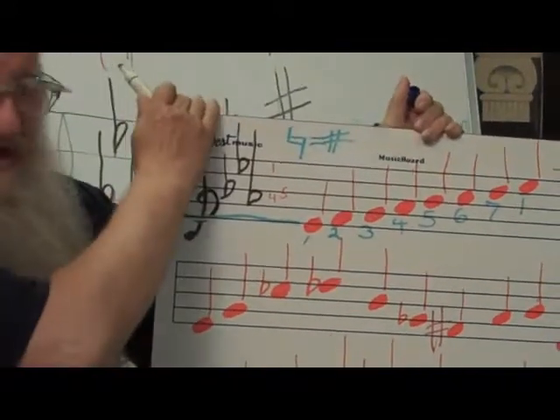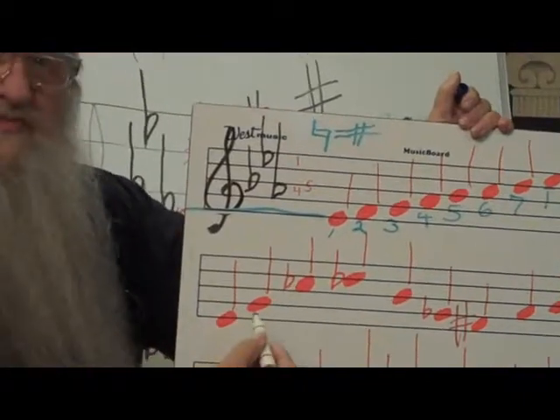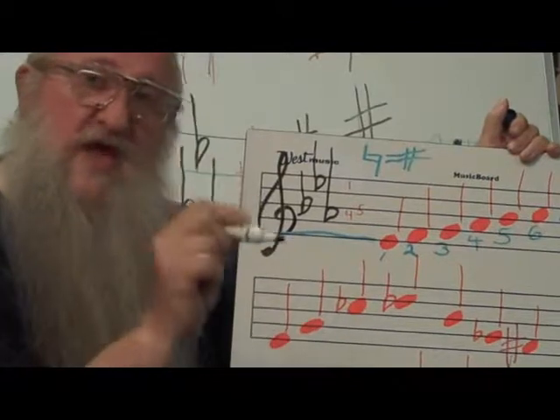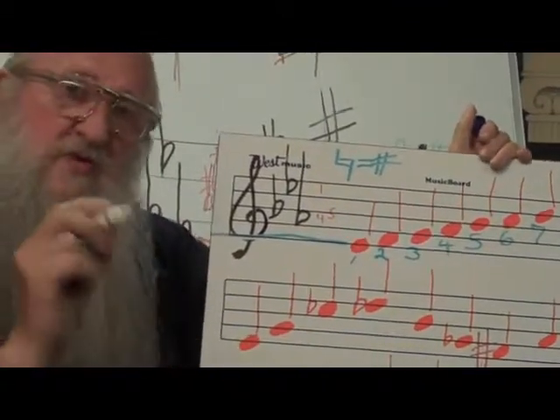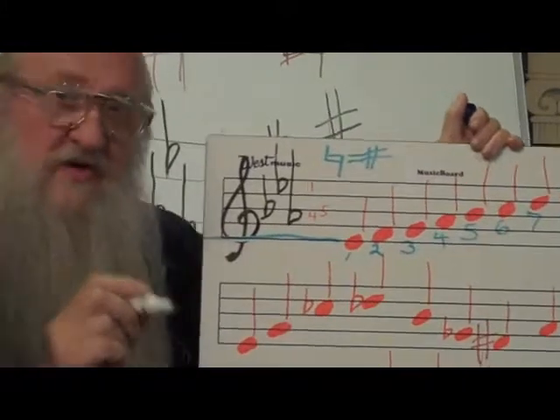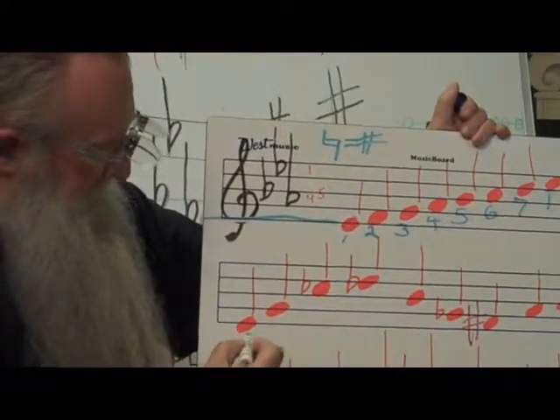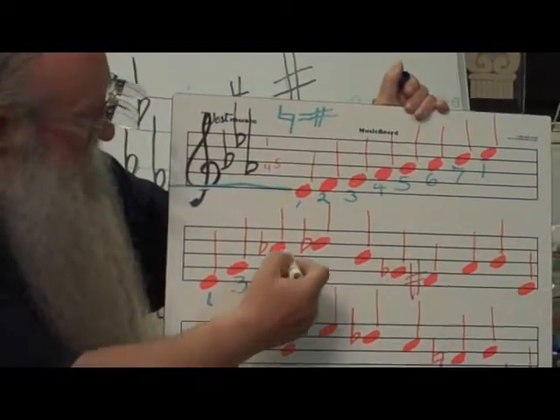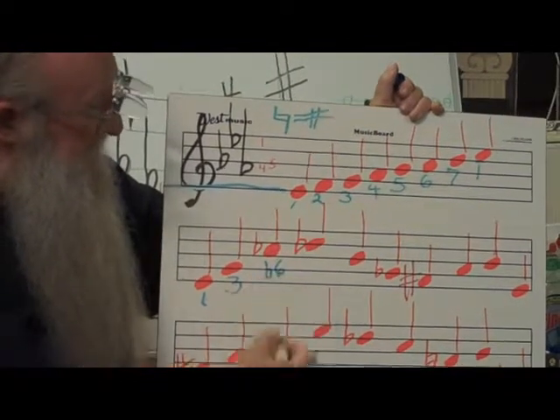Now what happens is, as we're reading and flats are added to a piece, we would say the same number but add a flat to that number and go down a half a step. If a sharp lands on that number, we would go a half a step above that natural number. So let's take a look at this next line. So this is 1, this is a 3, this is a 6, but it has a flat, so we call this flat 6.